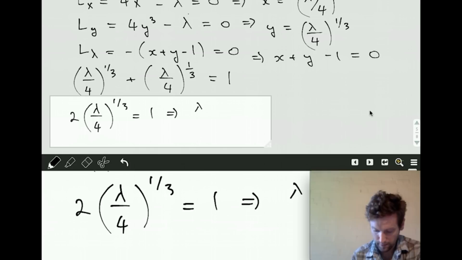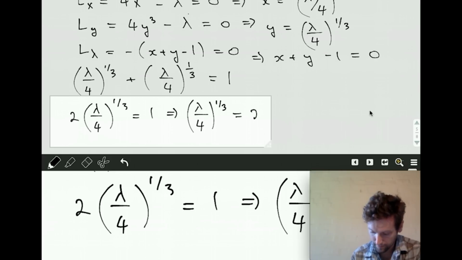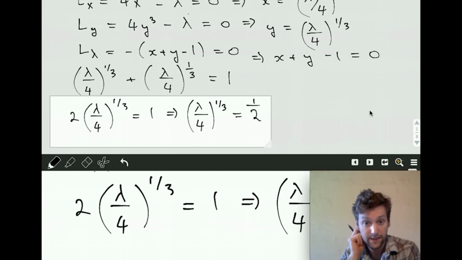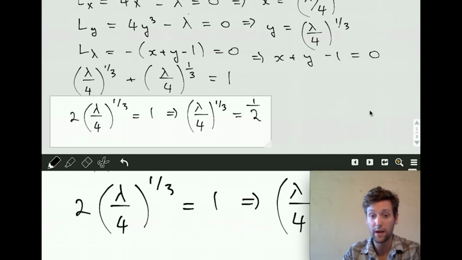Dividing by 2 on each side gives me lambda over 4 to the power of 1/3 is equal to 1/2. And to get rid of that power of 1/3, I'm going to have to cube both sides.